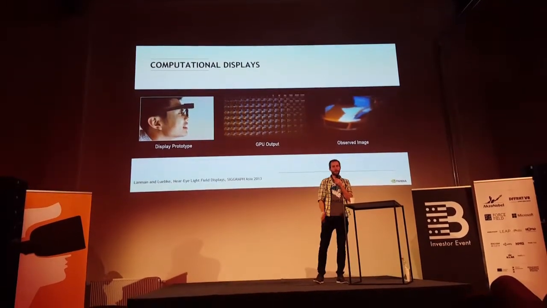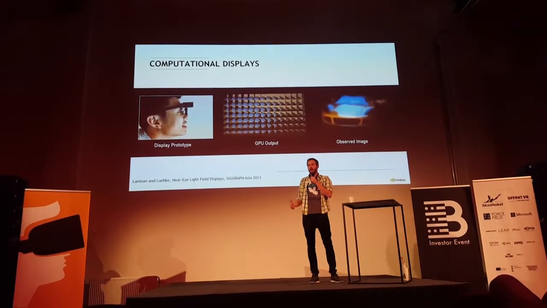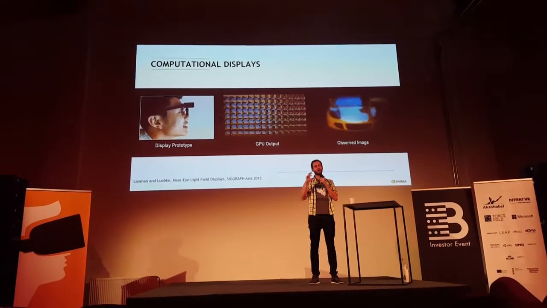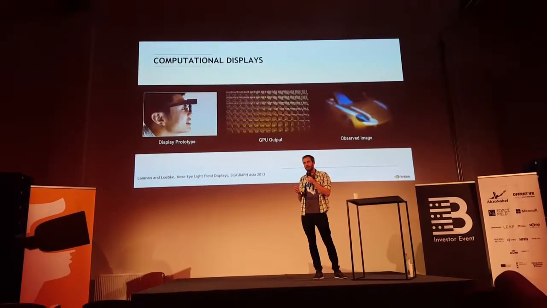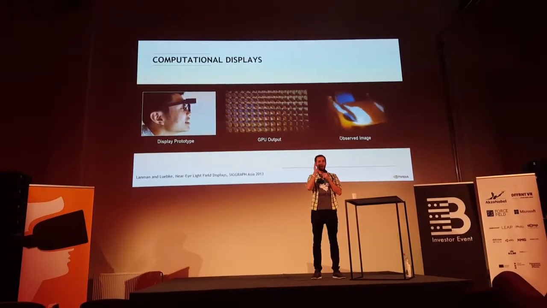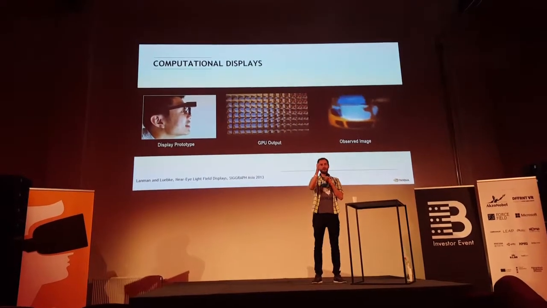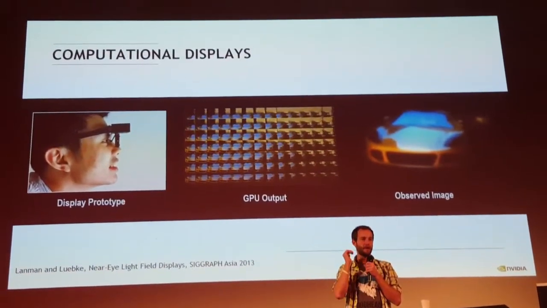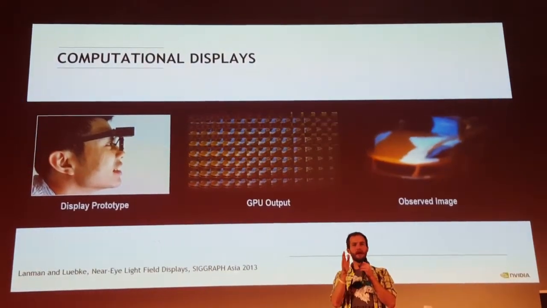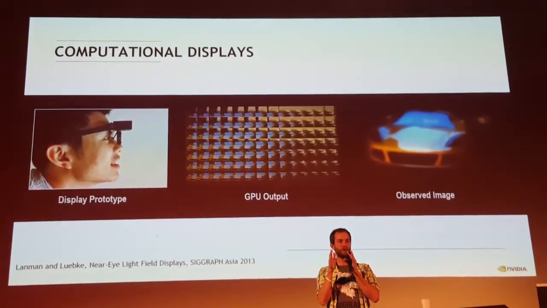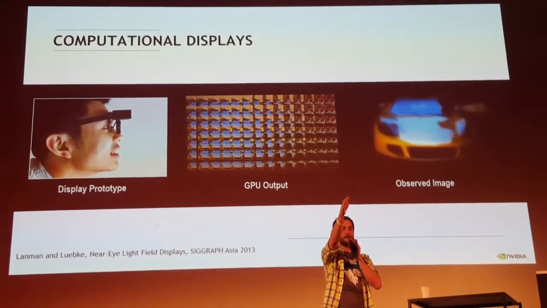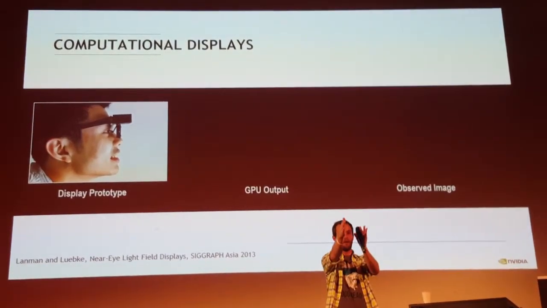Modern VR headsets like the Oculus Rift and HTC Vive have a problem which is called the divergence accommodation effect. Essentially that means that your brain is using different types of information to interpret depth in a room. One of them is how your eyes are converging. So for example, if I look in the far distance, my eyes are going to be relatively parallel.